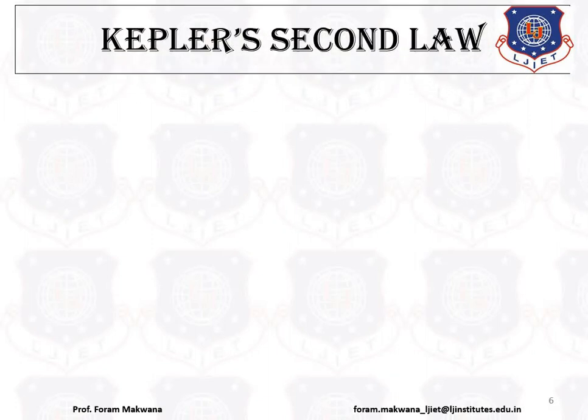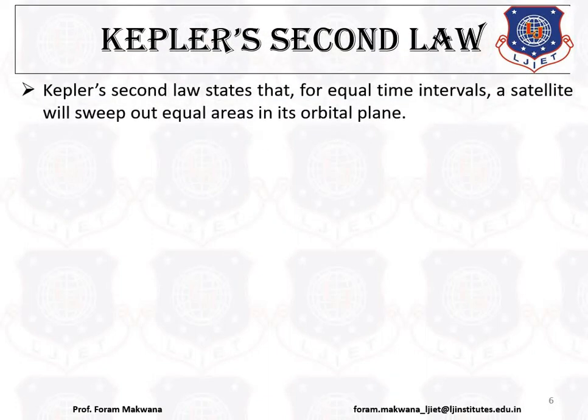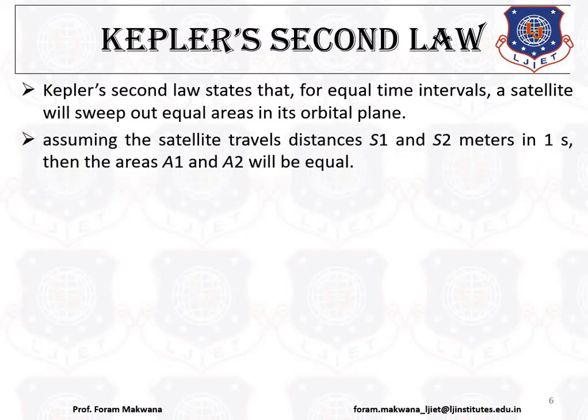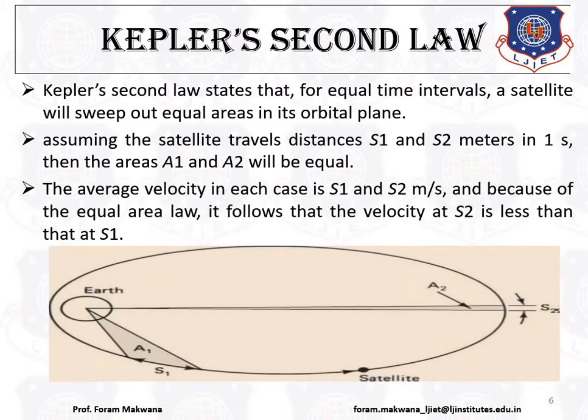Now, Kepler's second law. It states that for equal time interval, a satellite will sweep out equal area in its orbital plane. How? I will explain you with the help of one diagram.